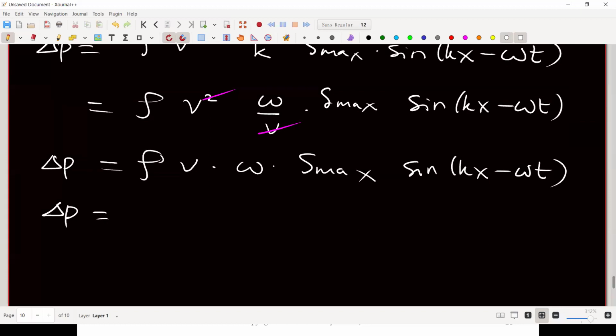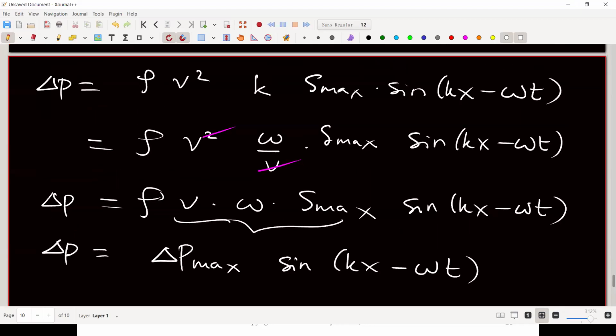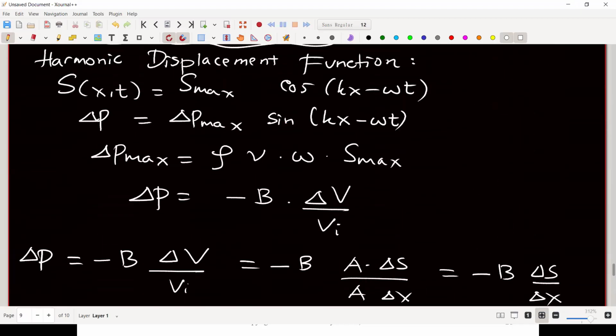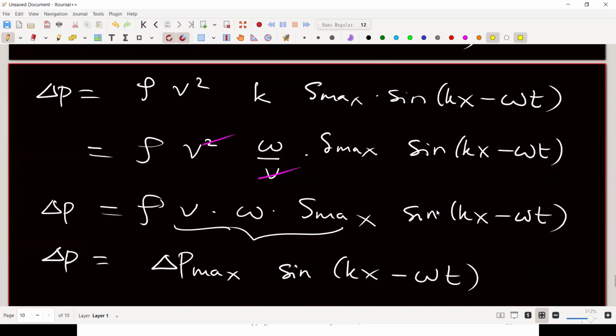So delta p is delta p max sin kx minus omega t. So this one is delta p max. So we get this equation from this one.